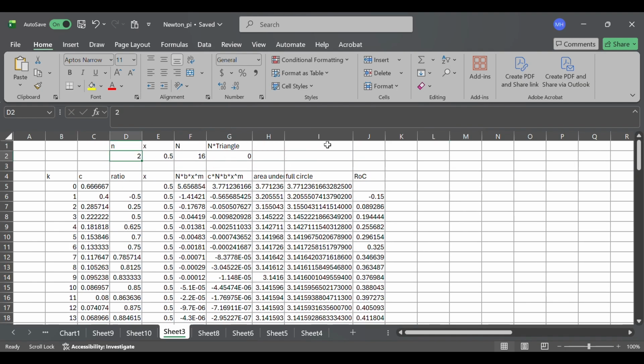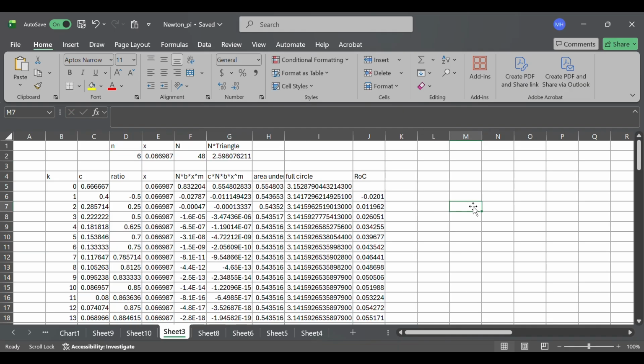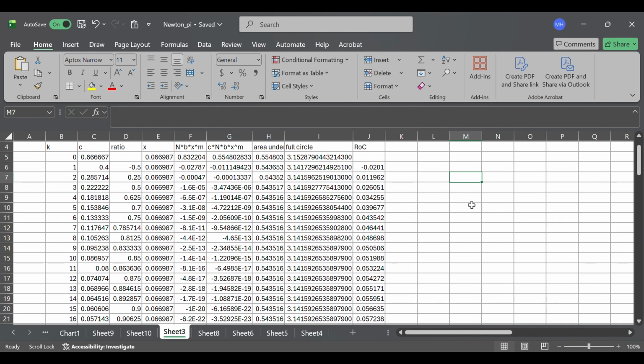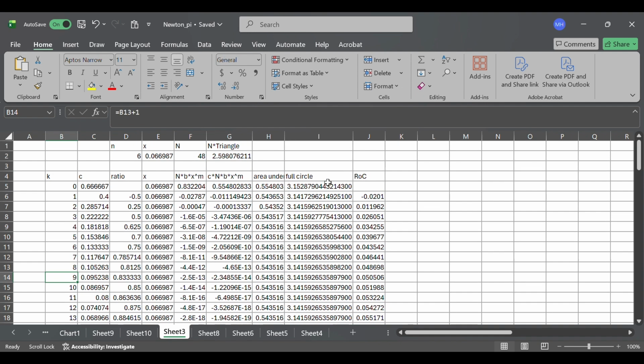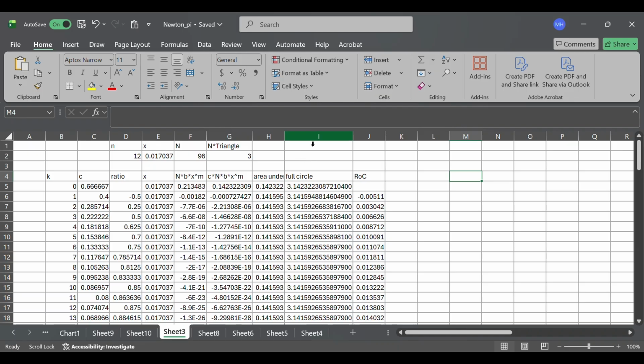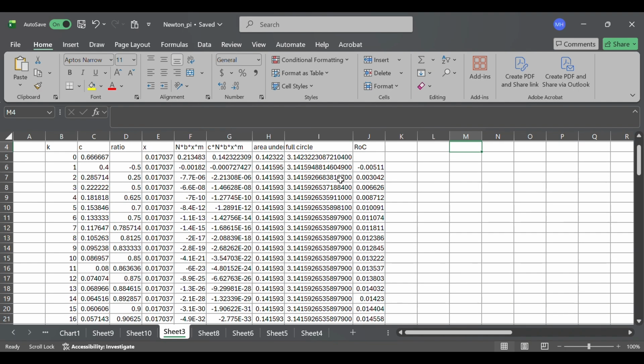Now we're going to put in 6 and see how many steps it would take. And we see that it would converge after 10 steps, which is half as many as it did with n equal to 3. With 12, the triangle turns out to be 3. That's nice. And the number of calculations required is only 7.